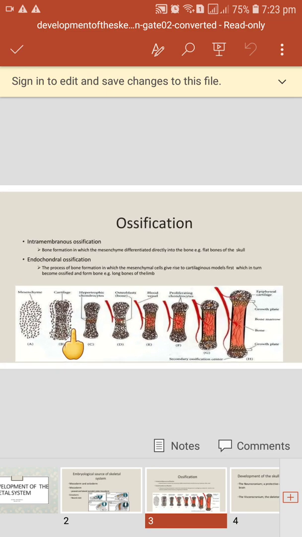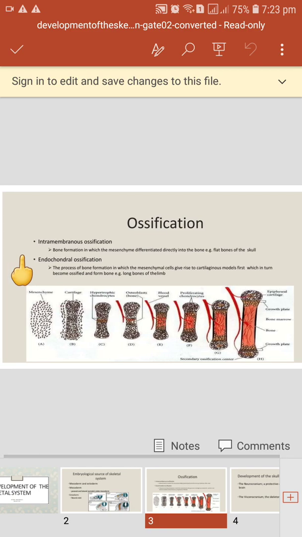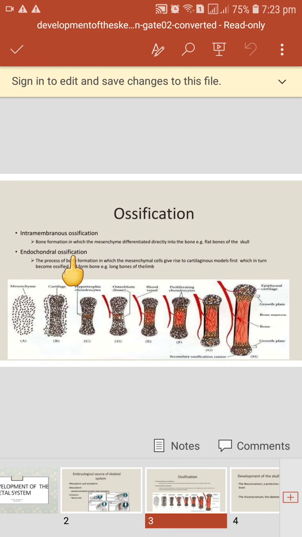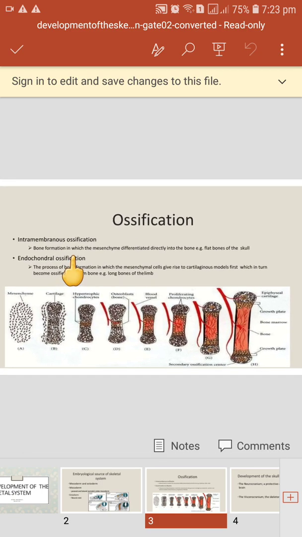So, how do the bones ossify? We know that there are two types of ossification: intramembranous ossification and endochondral ossification. In intramembranous ossification, the mesenchyme differentiates directly into bone, for example, the flat bones of the skull.